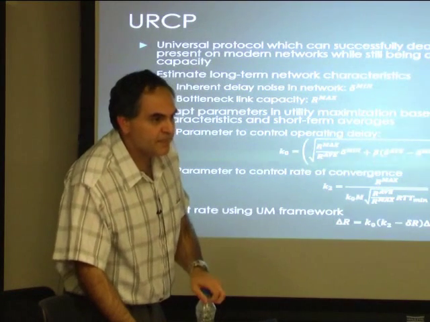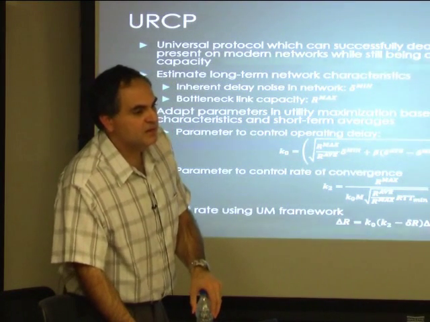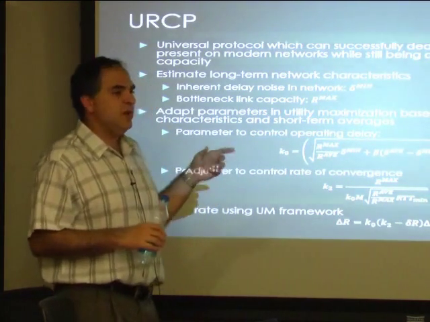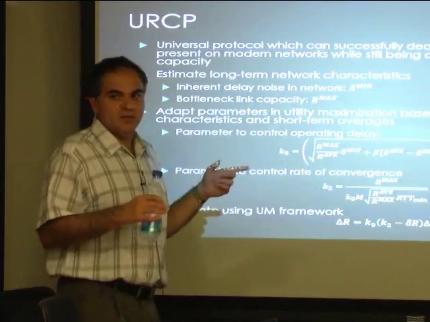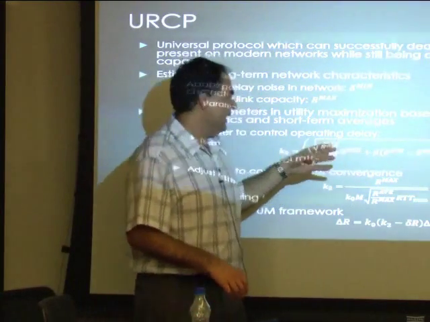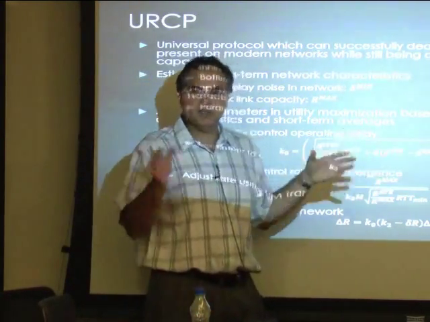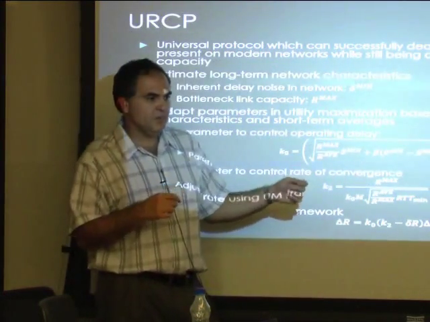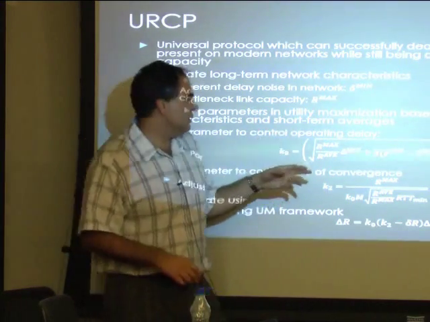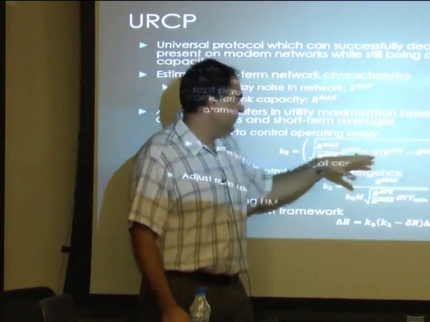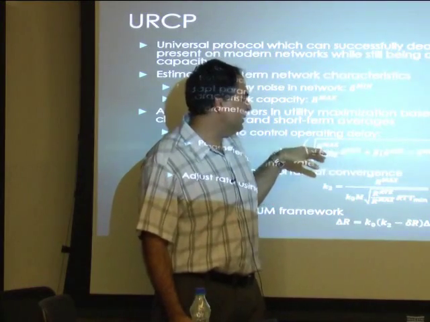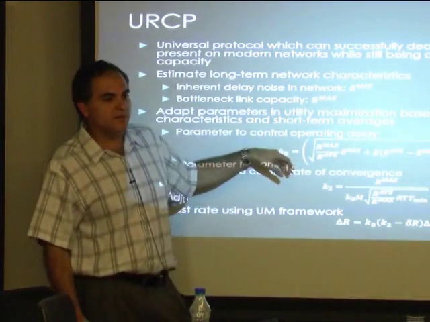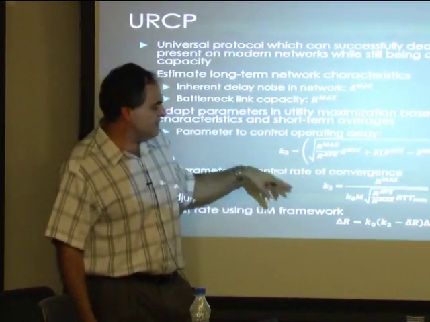But that's when everybody is doing the same thing, right? Exactly. What if the rest are doing TCP? There's a way for us to figure out what's going to happen when you have TCP. TCP is going to cause more congestion, right? It's going to try to push the operating delay higher and higher, until you see loss. So the way this K0 adaptation works is when this delta average increases, K0 increases.